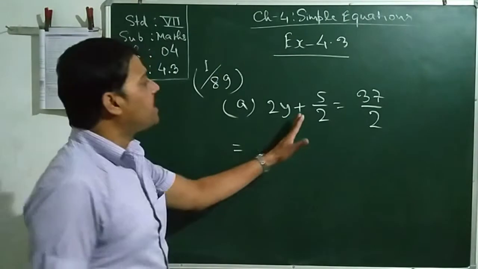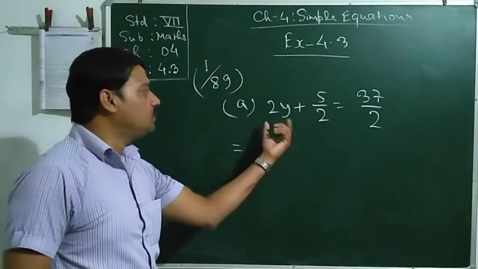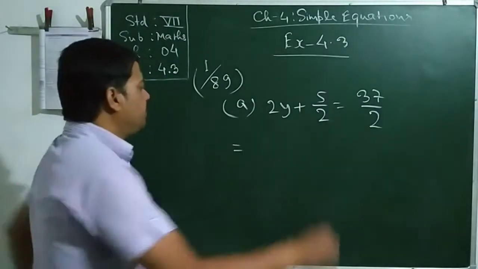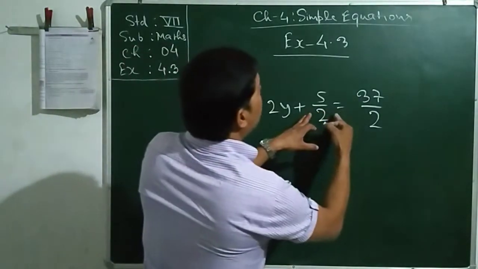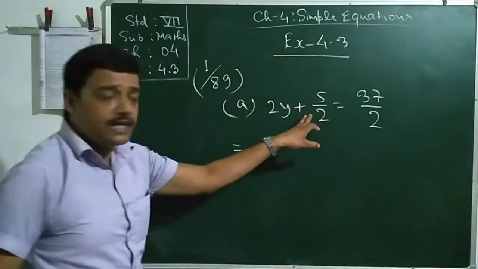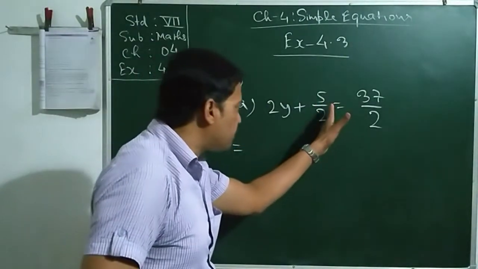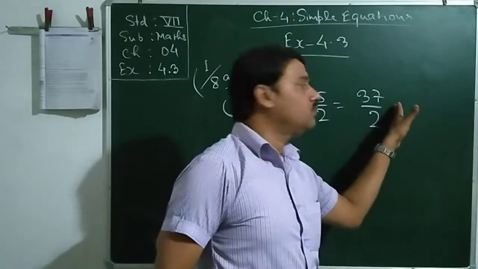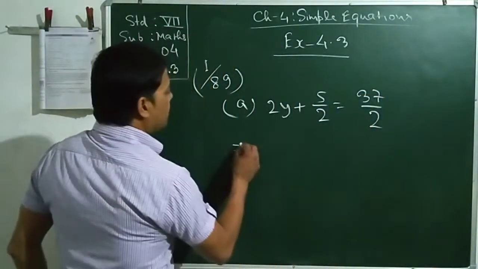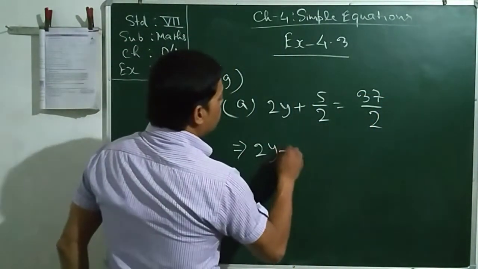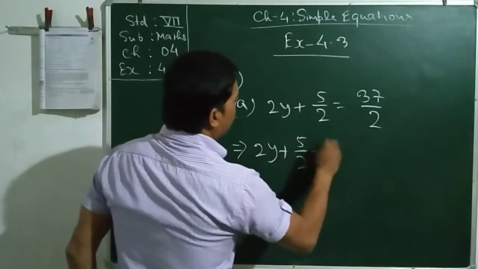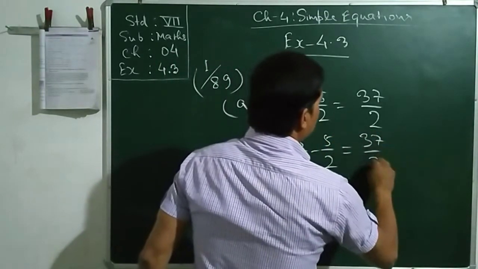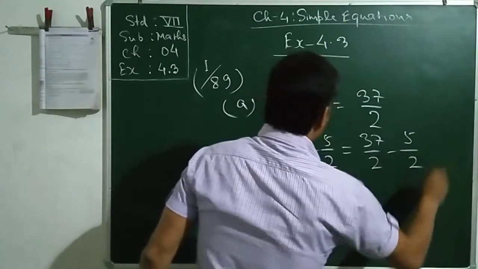If we subtract this 5 by 2, then the term containing the variable will be separated here. The same action we have to do in the RHS also, that is, we need to subtract 5 by 2 from the RHS also. So 2y plus 5 by 2 minus 5 by 2 equal to 37 by 2 minus 5 by 2.